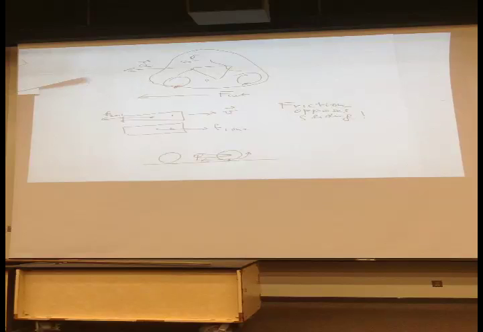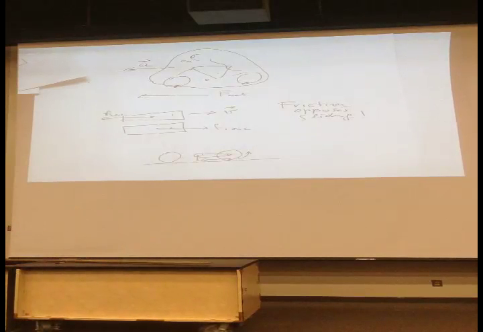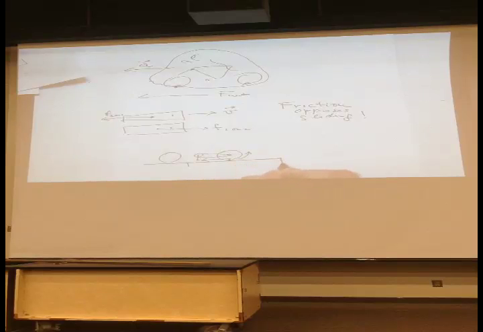Now let's do the following slightly more complicated thought experiment. Let's suppose that at this instant, this switching on of the friction only happened for this part, so that here we still have no friction.